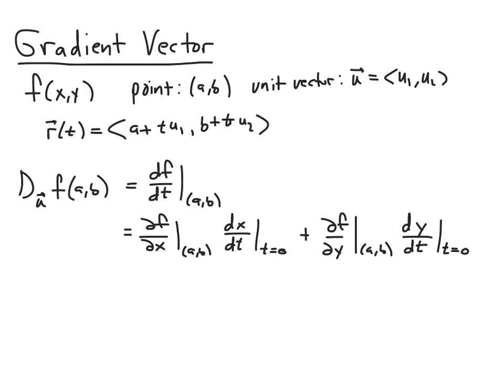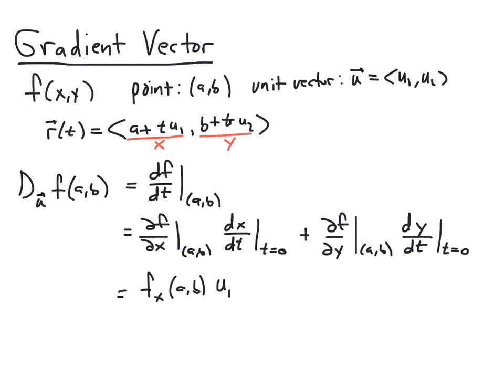Well, if we go through here, this first object, del f/del x evaluated at (a, b), is another way of saying the partial of f with respect to x evaluated at the point (a, b). dx/dt, evaluated at t equal to 0: if we compute the derivative of the function x, which is a plus t u1, this is our value of x, this is our value of y, we will get u1.